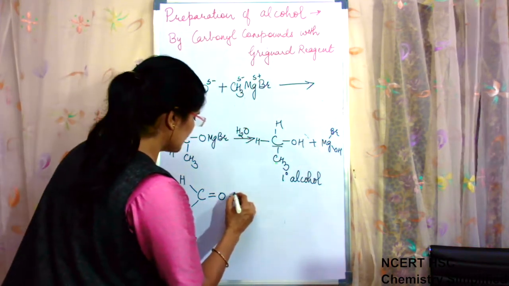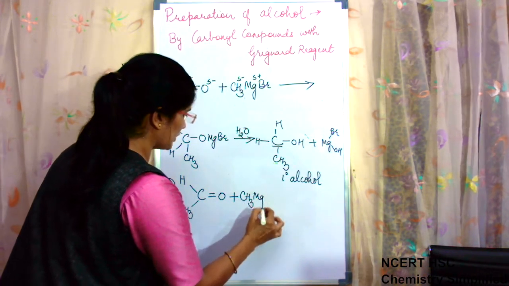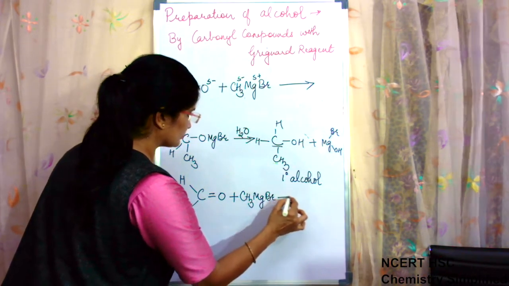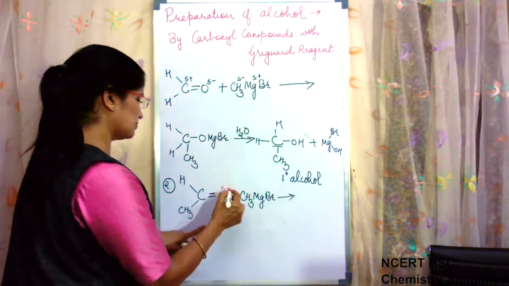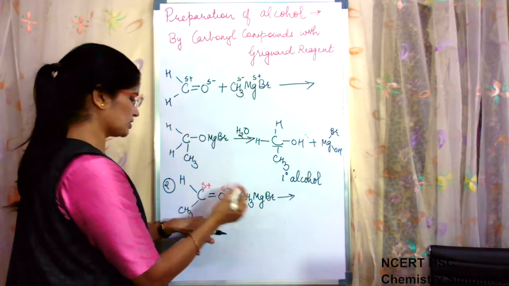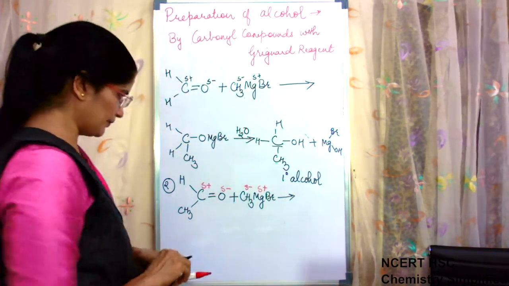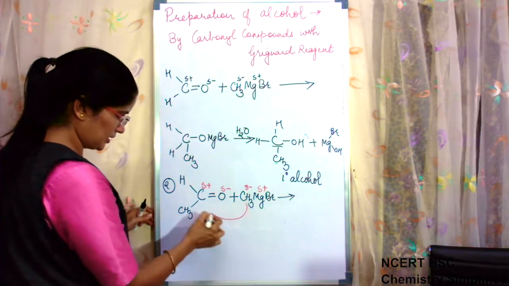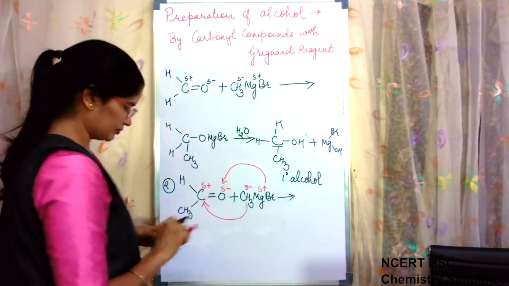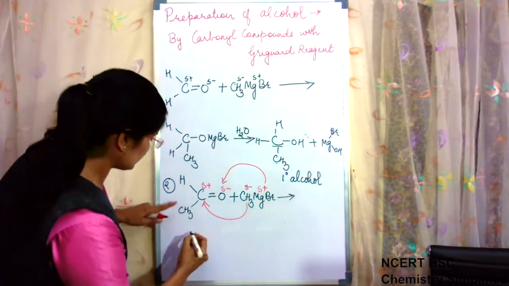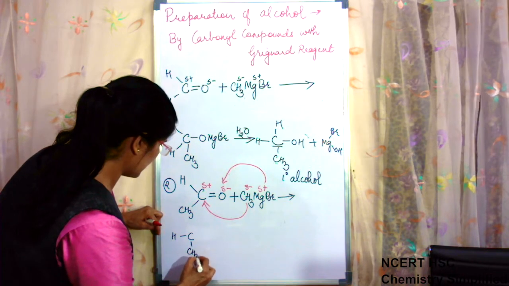When acetaldehyde reacts with Grignard reagent CH3MgBr, then again charge separation, partial negative, partial positive, and movement will be to C and to O. Then it will give CH, CH3.